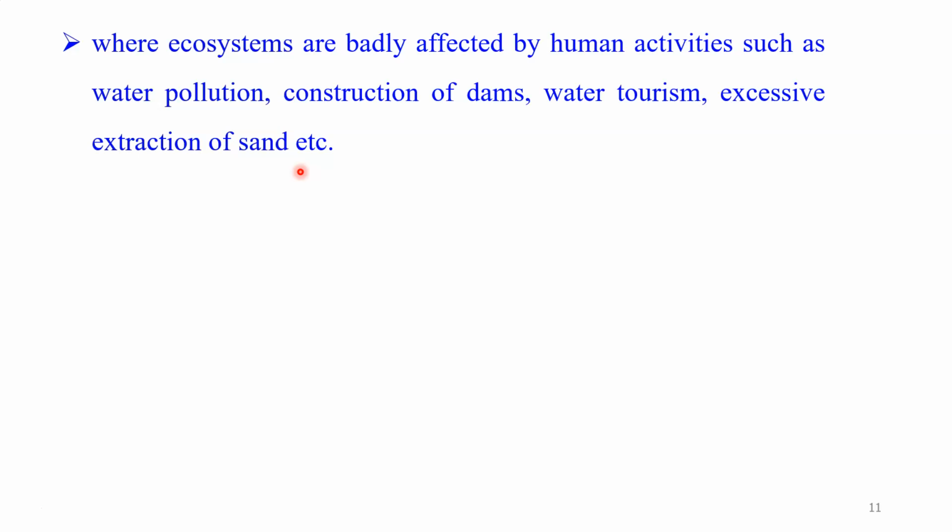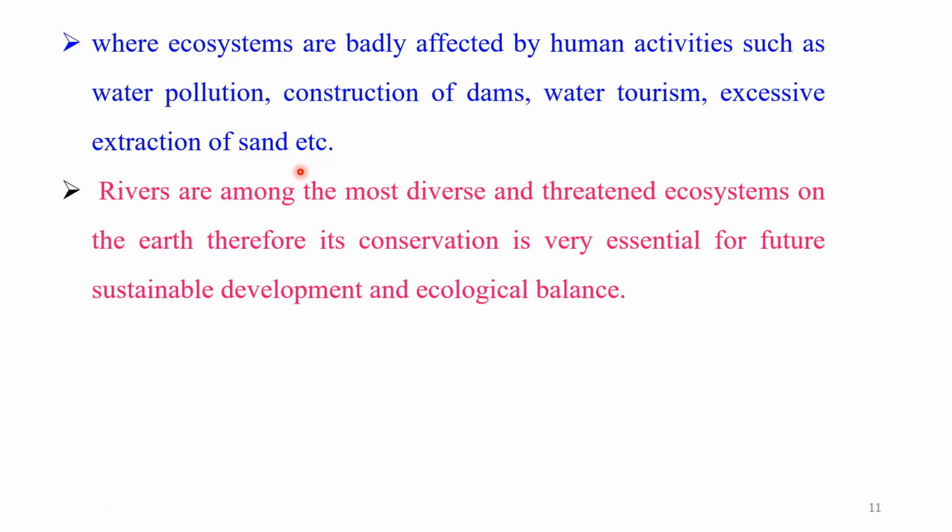Therefore, it is very important to protect the river from water pollution, so that there should not be any side effect of human activity on the river ecosystem. Human beings are responsible for disturbing the natural river ecosystem. One thing I would like to add here: rivers are among the most diverse and threatened ecosystems on the surface.